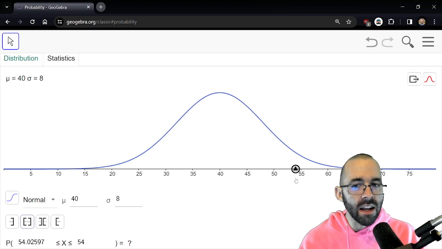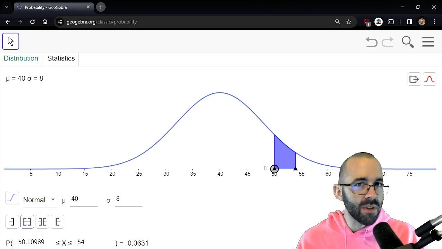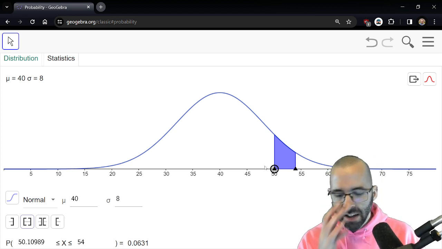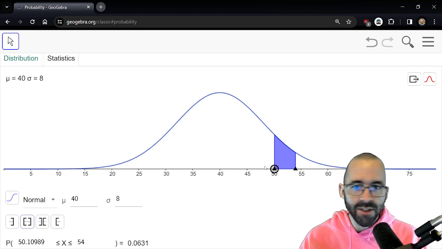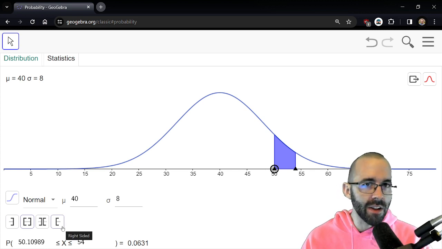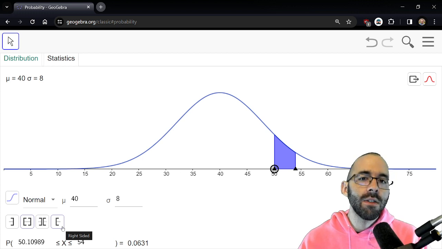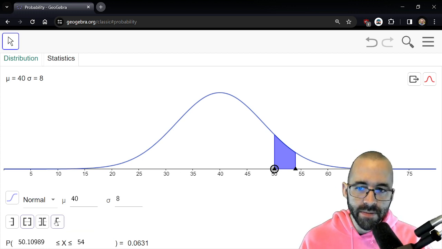We can only look at intervals. Okay? So greater than 50 and greater than or equal to 50 are the same exact probability. So that's the longer answer. The short answer is you don't have to worry about greater than or equal to signs compared to greater than signs for continuous random variables.